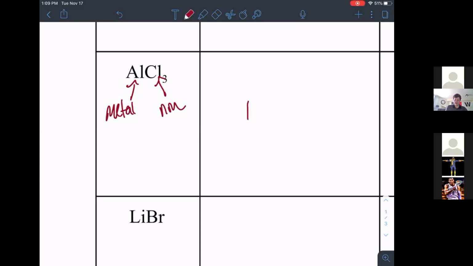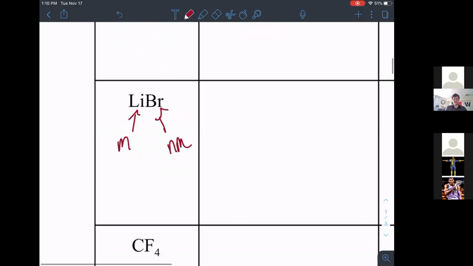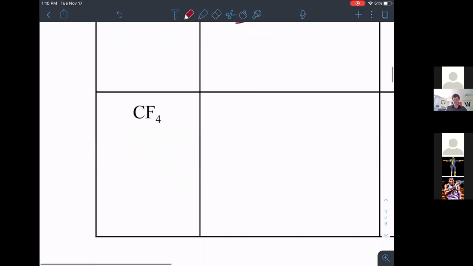Ionic. What about lithium? Metal or non-metal? Metal. Bromine, metal or non-metal? Non-metal. So is that ionic or covalent? Ionic. Perfect. Metal, non-metal makes ionic.